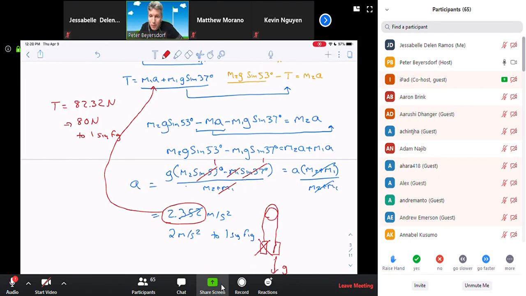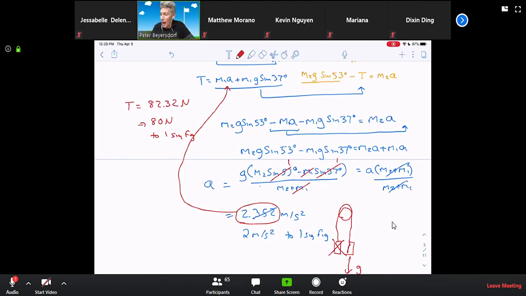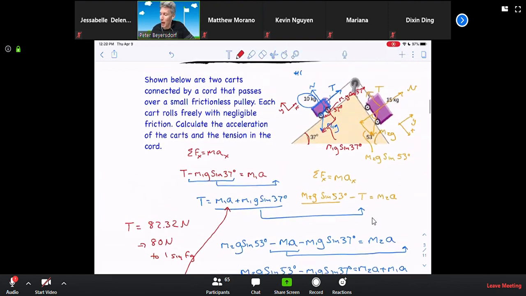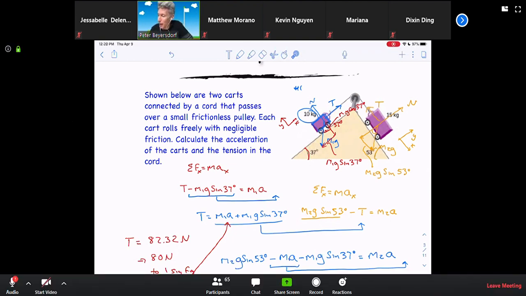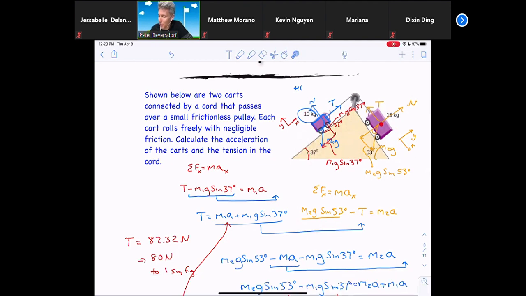Okay, so I see there was one question as I was going about why the acceleration was the same for both blocks. Because they're connected by a string, however fast this block on the right goes down, the block on the left has to go up at the same rate. So that string constrains their accelerations to have the same magnitude. And because I've chosen a consistent direction for positive, when the cart on the right goes down, that's positive.